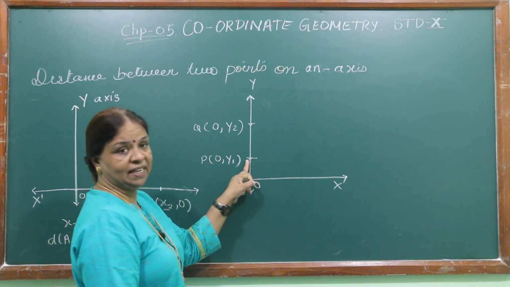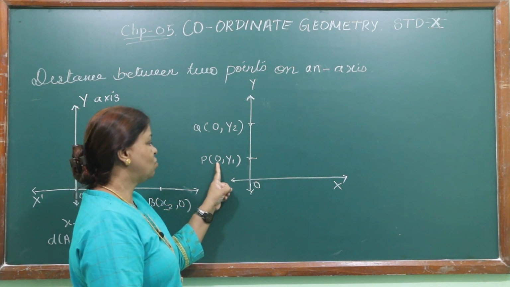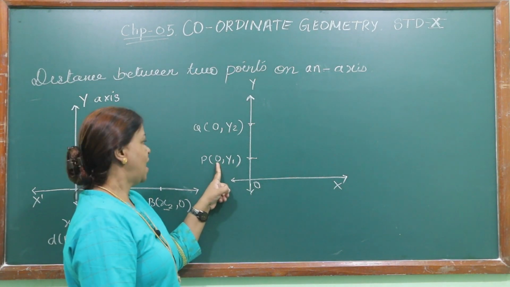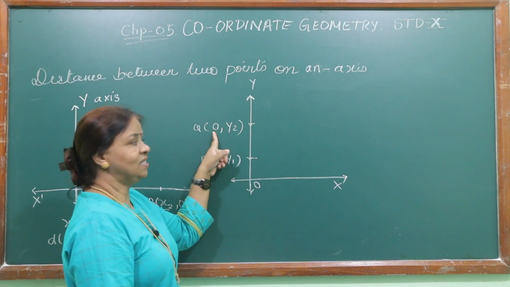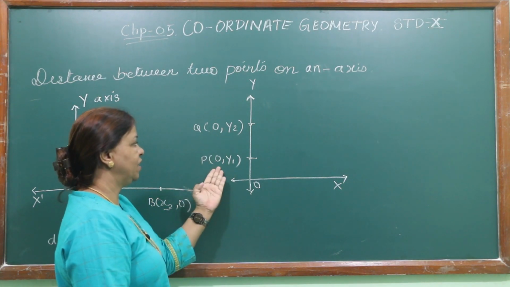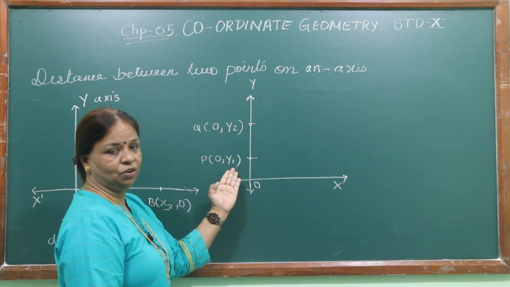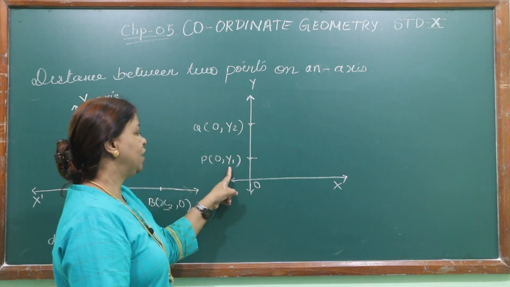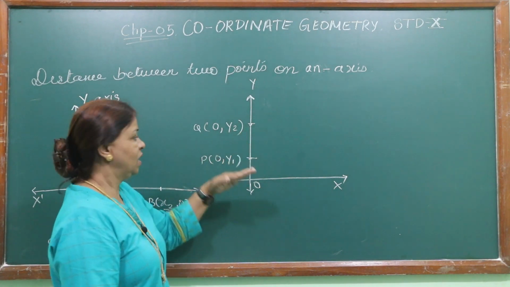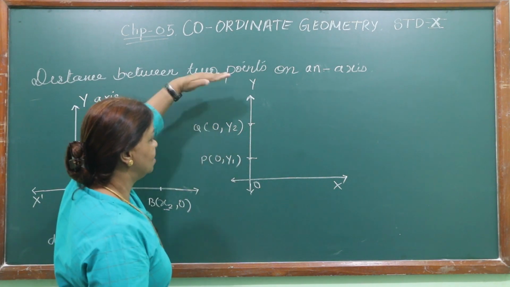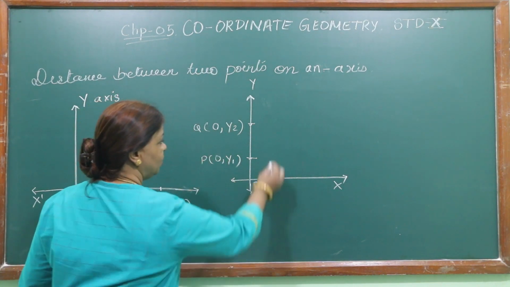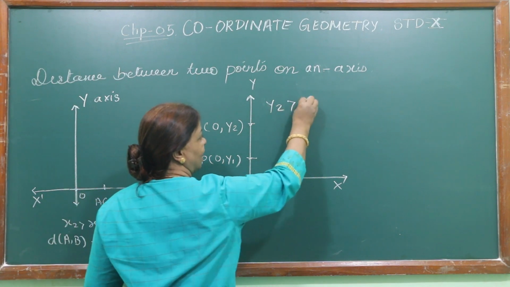Okay. Now here you can see point P and point Q. Point P is on the y-axis. Its x coordinate will be 0 because the point P is on the y-axis, and Q is also on the y-axis. Its x coordinate is 0. See, the first coordinate is the x coordinate and the second coordinate is the y coordinate. So the y coordinate of P is y1 and the y coordinate of Q is y2. You see children, y2 is far away from O, therefore y2 is going to be greater than y1.